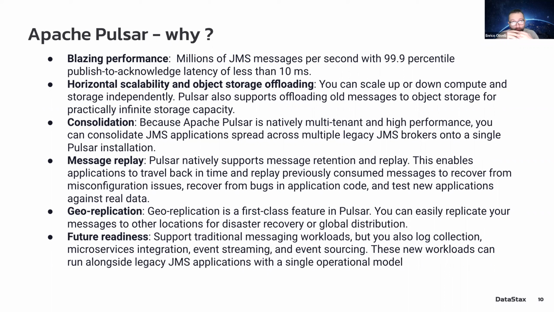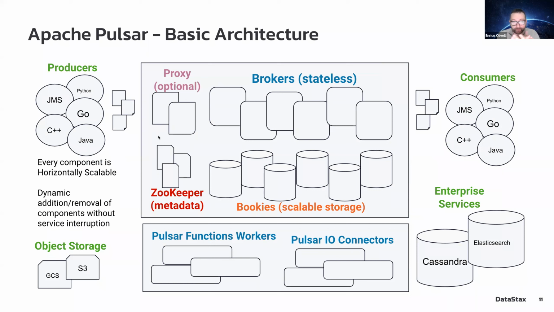And also, if you are already running JMS, you can put your JMS application on Pulsar, and you can start running many modern workloads like event sourcing, event streaming, log collection, many interesting things that are really typical of this second generation of streaming platform like Pulsar. Let's see how Pulsar works at very high level.